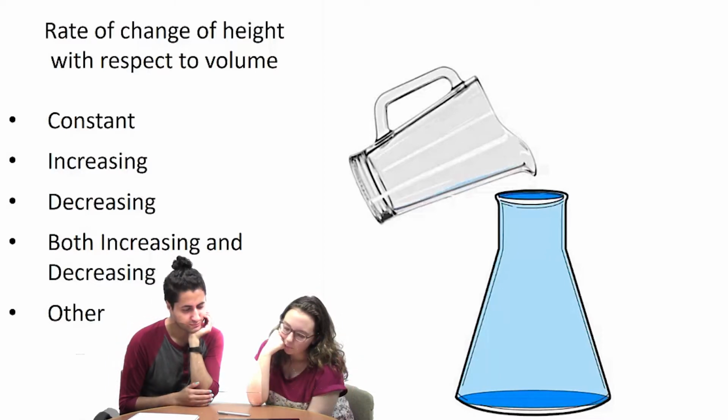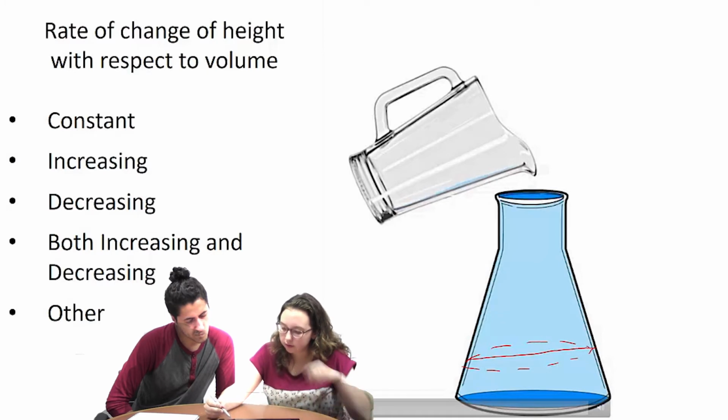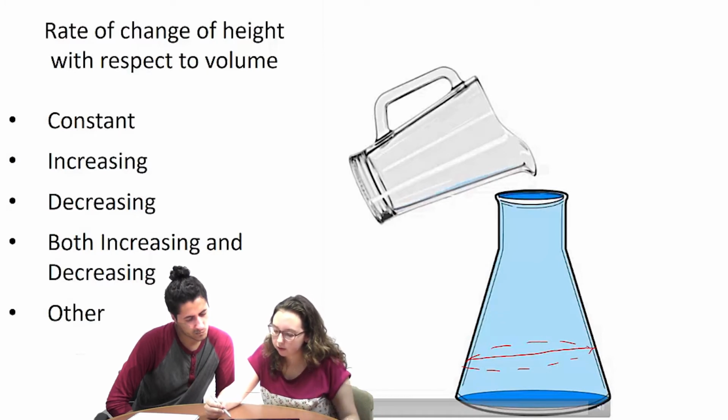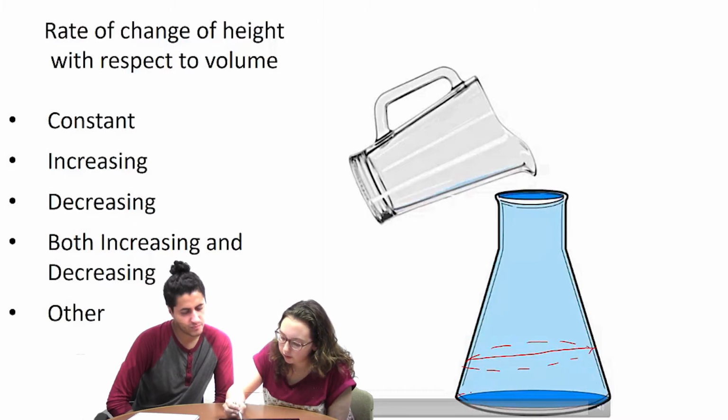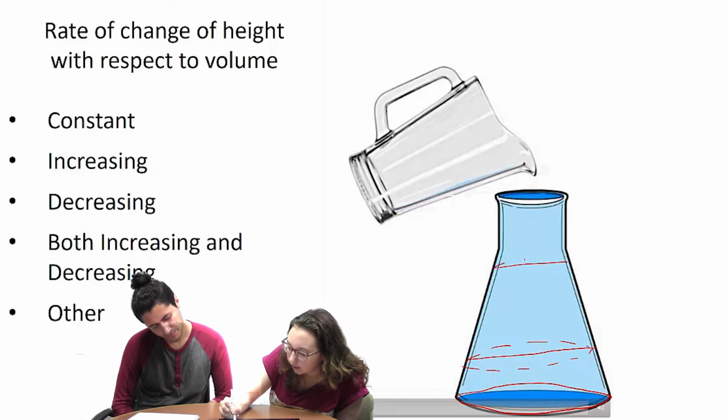I think I get what you're saying. I agree with you that the pour is constant, but that doesn't really take into consideration the shape of the flask. The area of that little slice of the flask is different than the base. Yeah, this is a lot bigger. I mean, these up here are a lot smaller.